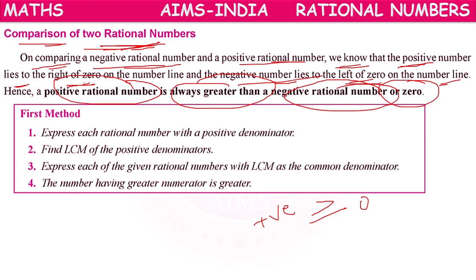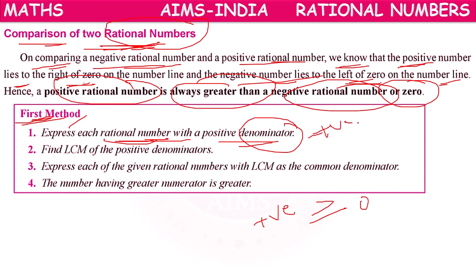Now, how do we compare two rational numbers? What is the first method? First we have to express each rational number with a positive denominator. That is the first point. If the denominators are different, we have to find their LCM, least common multiple. Next, represent each rational number with the LCM as the common denominator.